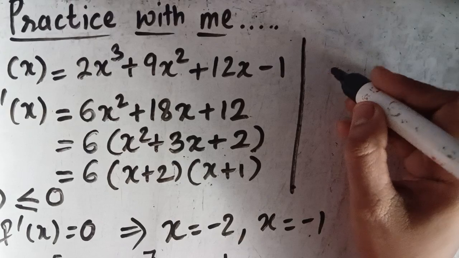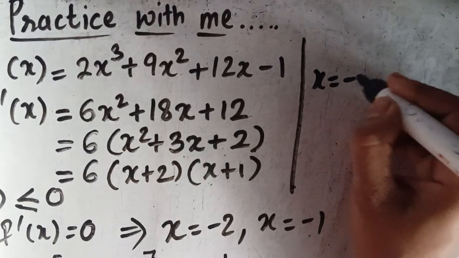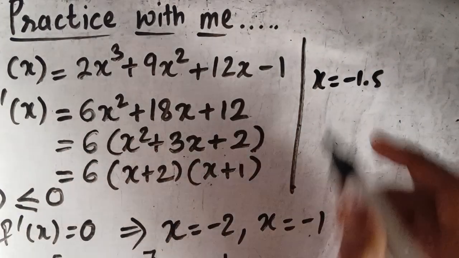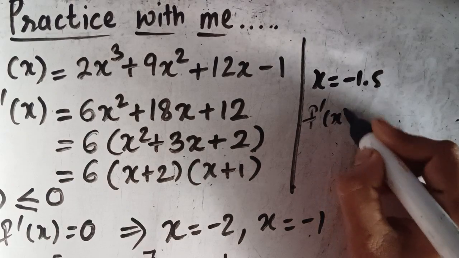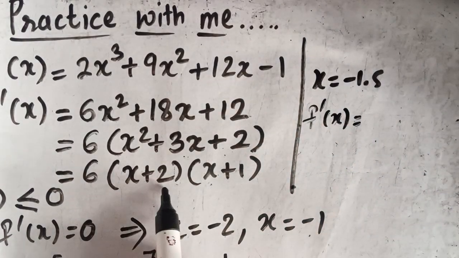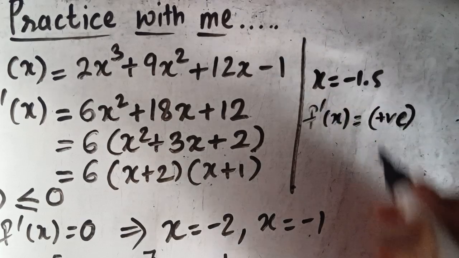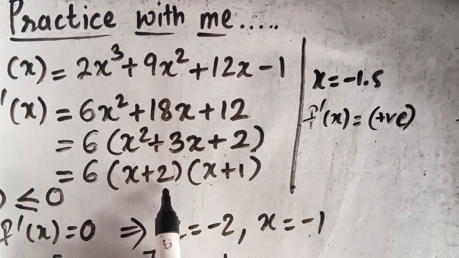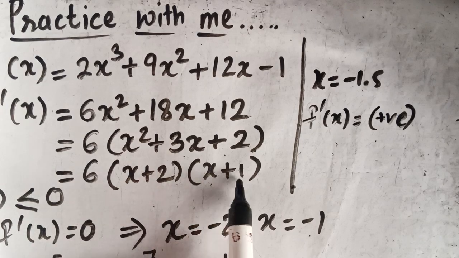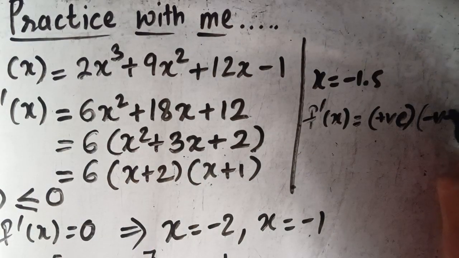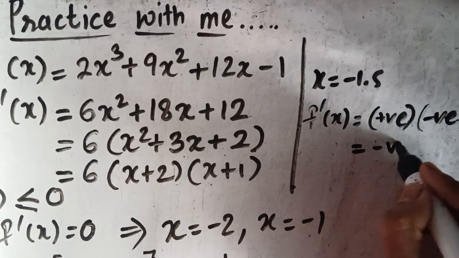So I'll take x to be minus 1.5. Our f dash of x becomes positive for minus 1.5 plus 2, and negative for the other factor, so the final sign is negative.